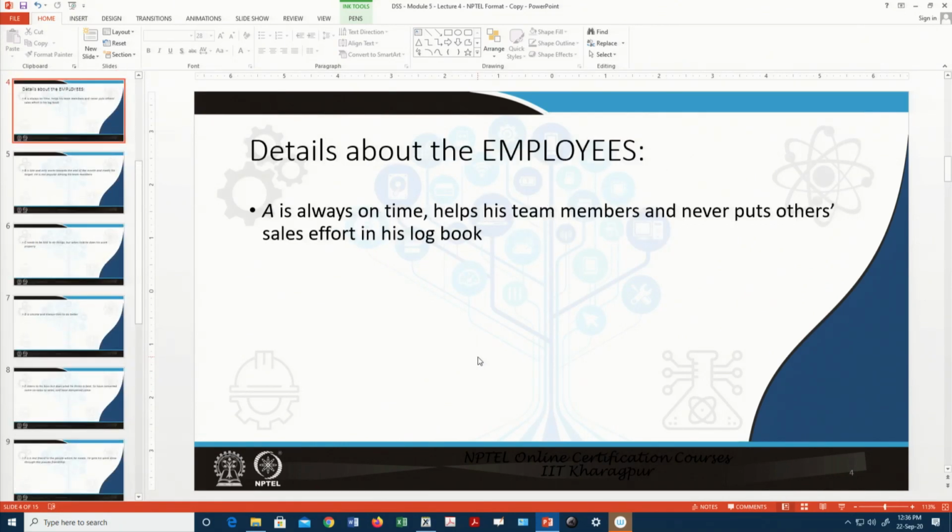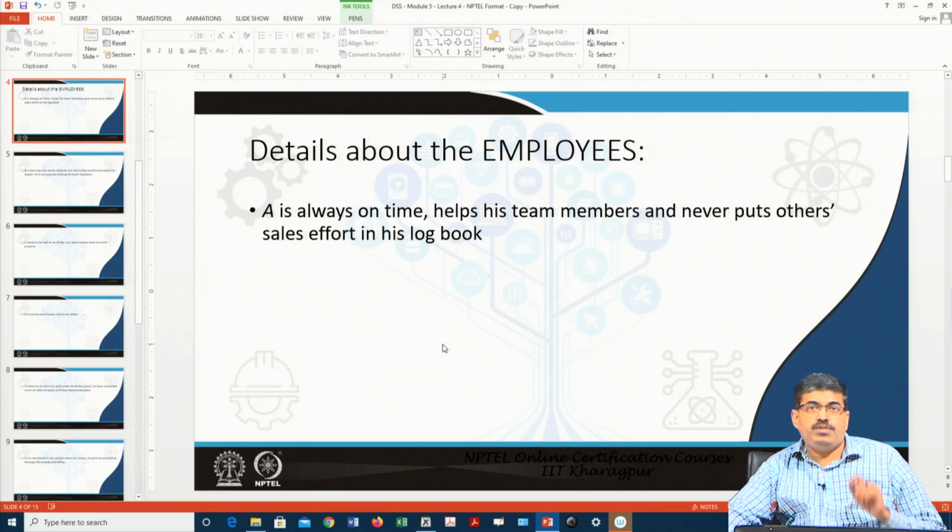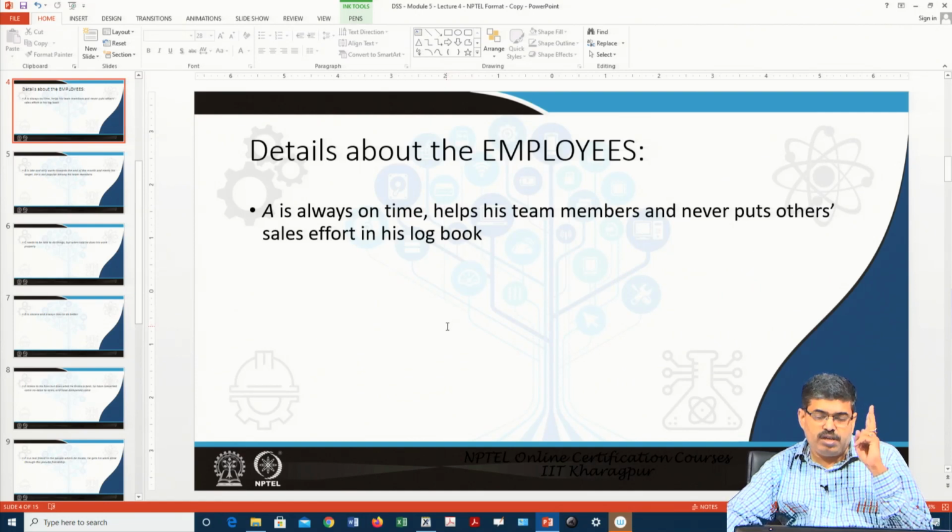A is always on time, helps his team members and never puts other sales efforts in his logbook. So, three things are emerging for A: on time, helping and honest.